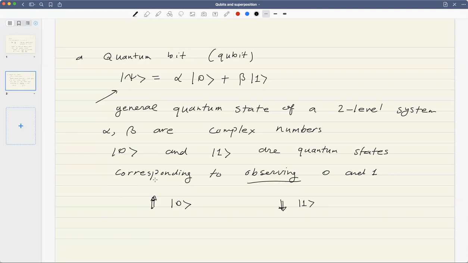Or if you look at the current in a loop, it's either going clockwise or counterclockwise. So what does it mean that you have this state that, at least while you're not looking at it, is a combination or a superposition of both of these things, and we can have both of these states present.